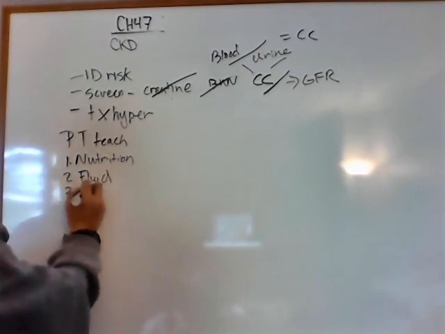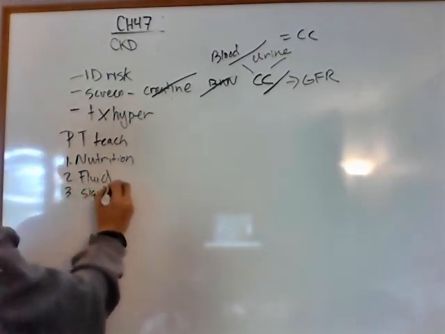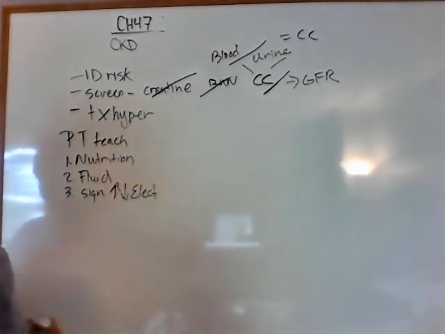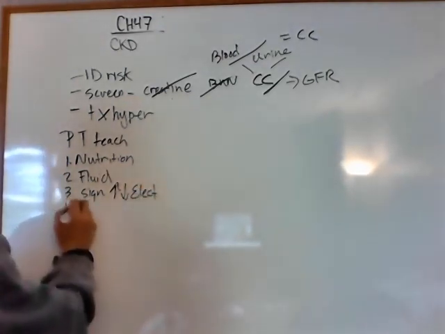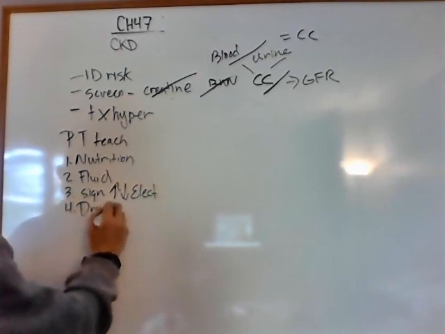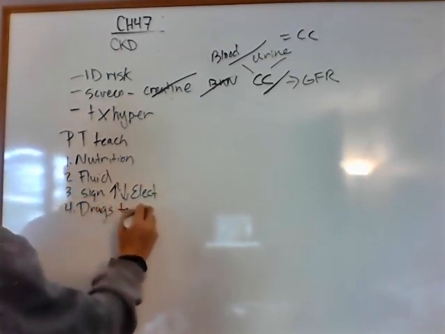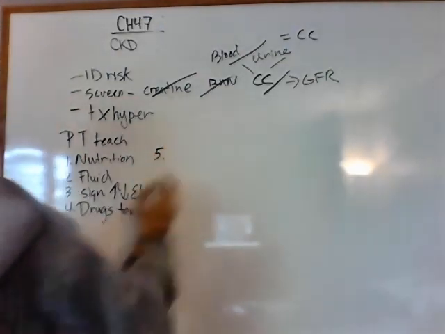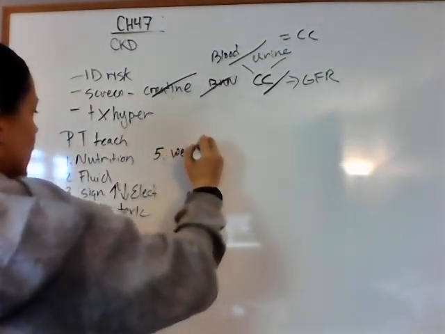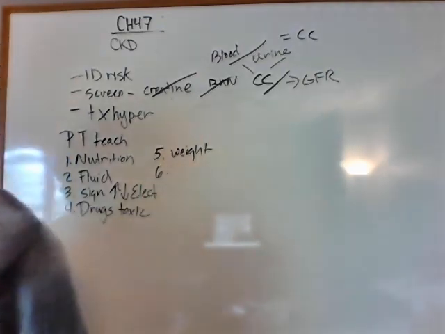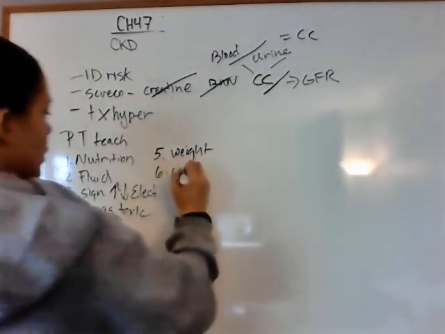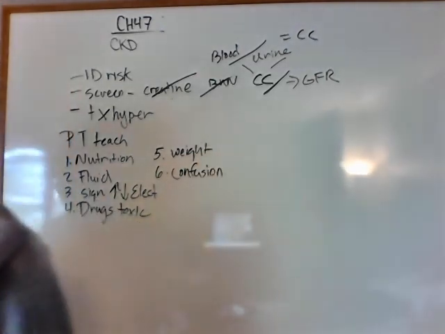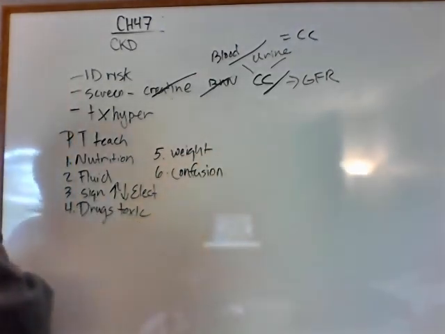They need to know the signs and symptoms of an electrolyte imbalance. Right? So you're going to need to know that. They need to know that their drugs can be more toxic. We need to make sure that they are being screened, and that they're weighing themselves, because that's a good indication of fluid retention, at least at home. Confusion, lethargy, weakness, things of that nature.